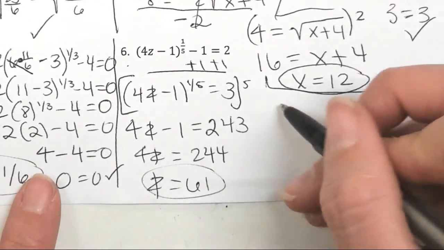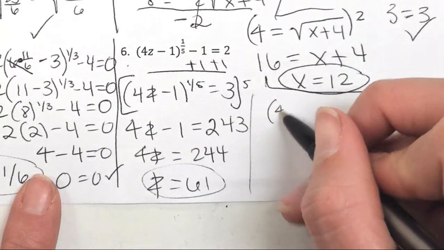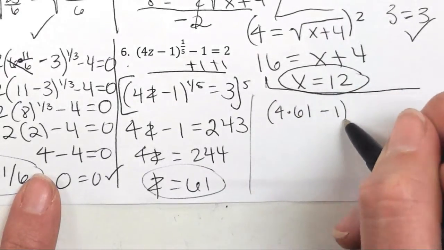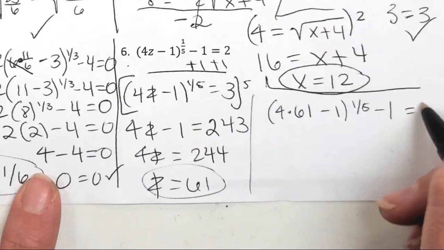So now if we check it, we'd have 4 times 61 minus 1 to the 1/5 minus 1 equals 2.